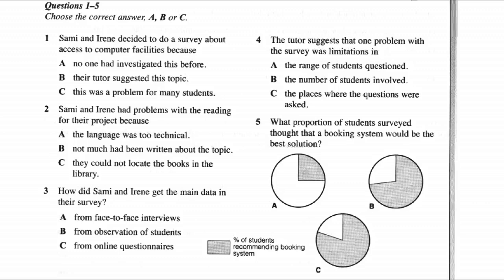But the Open Access Centre has an online questionnaire on computer use that it asks all the students to do at the end of their first year. And the supervisor gave us access to that data, so we used it as a starting point for our research. It wasn't exactly what we needed, but it gave us an idea of what we wanted to find out in our survey. Then we designed our own questionnaire.